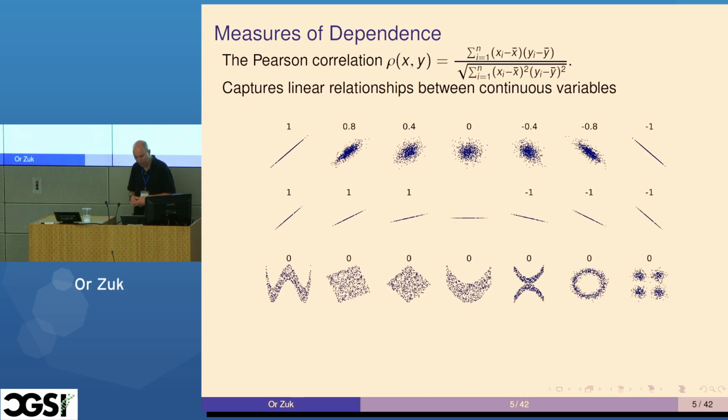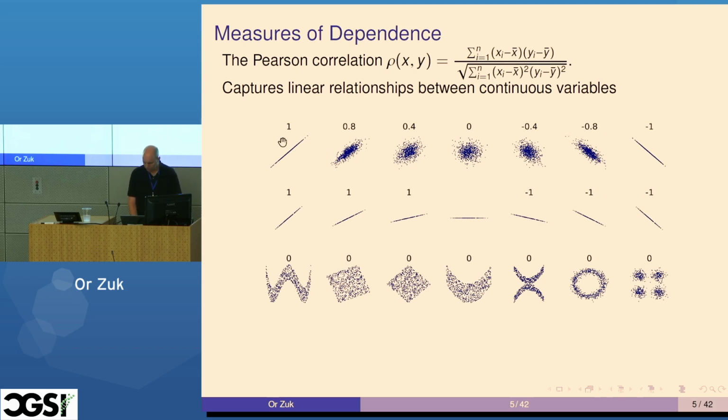All right. Here are some types of dependencies, it's actually from Wikipedia. And we have one proposal for such a statistic, which is the Pearson correlation. I think Saron talked about it a couple of days ago. And here we have simulated data of different types.